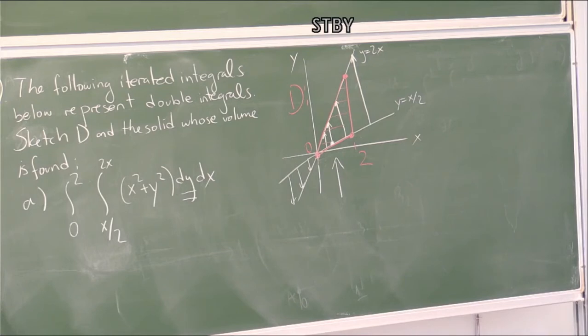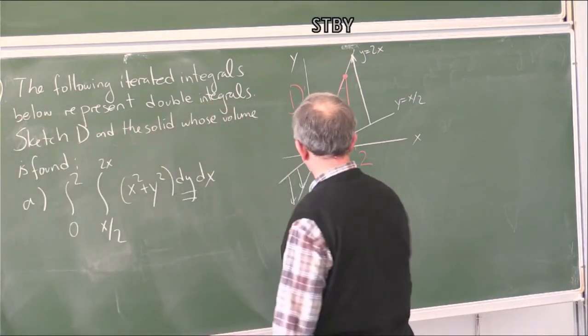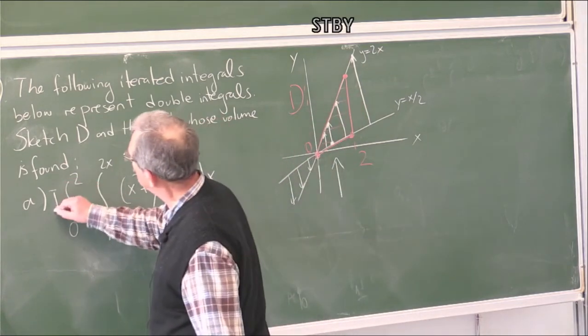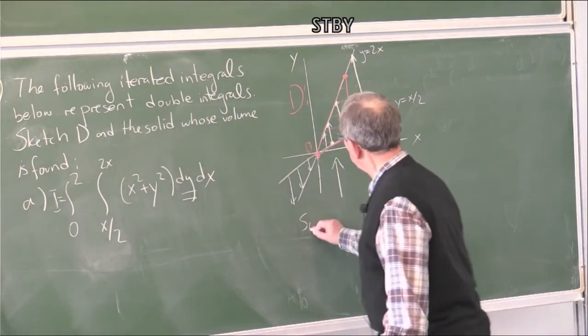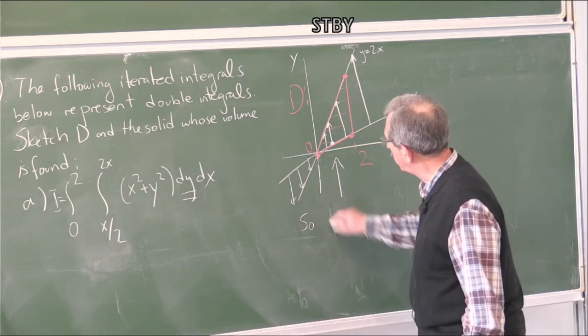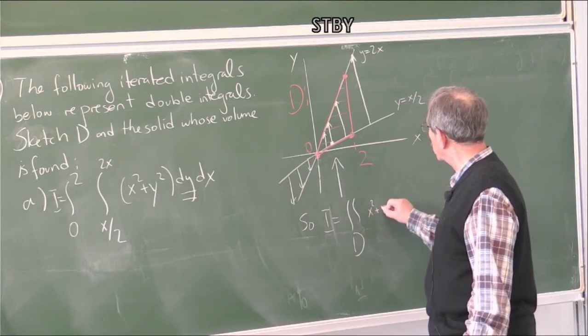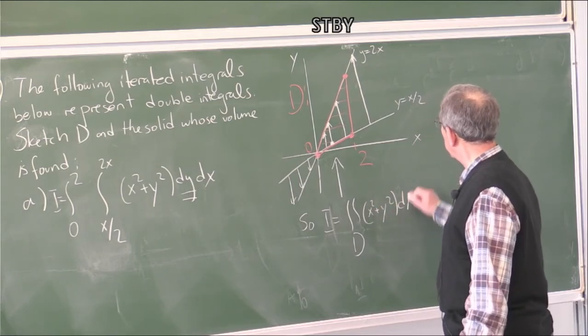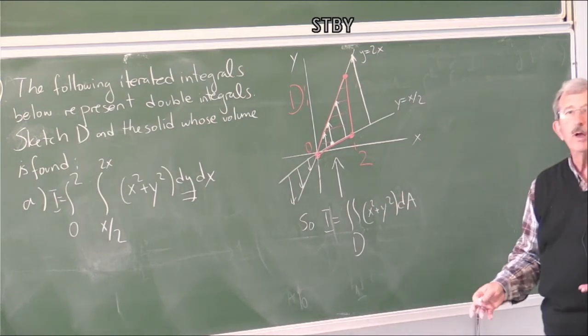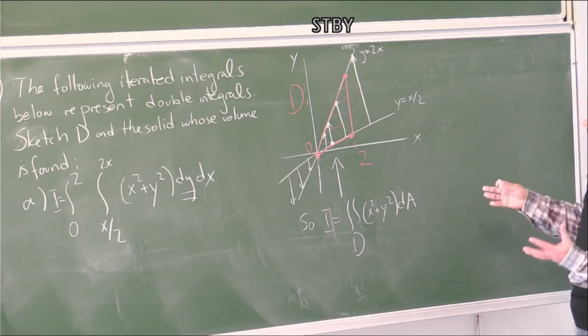Okay. So this is a double integral. Call this I. So I is the double integral over D of x squared plus y squared dA. Hence, it's the volume.